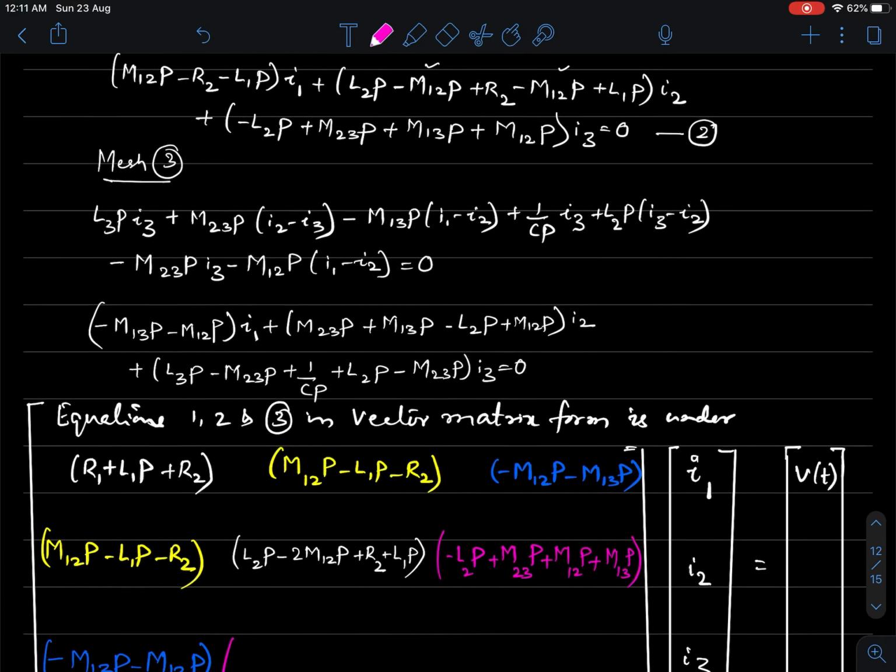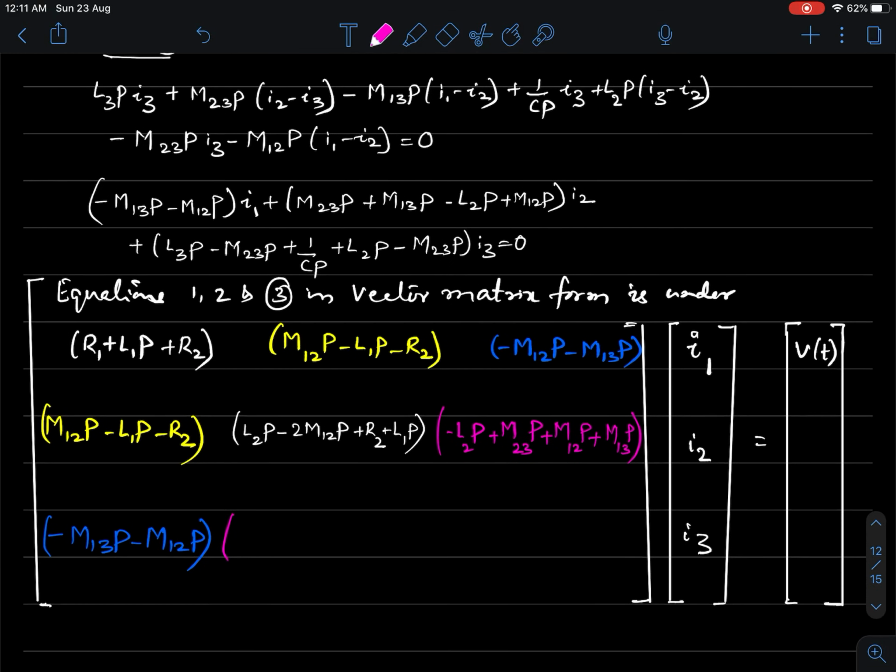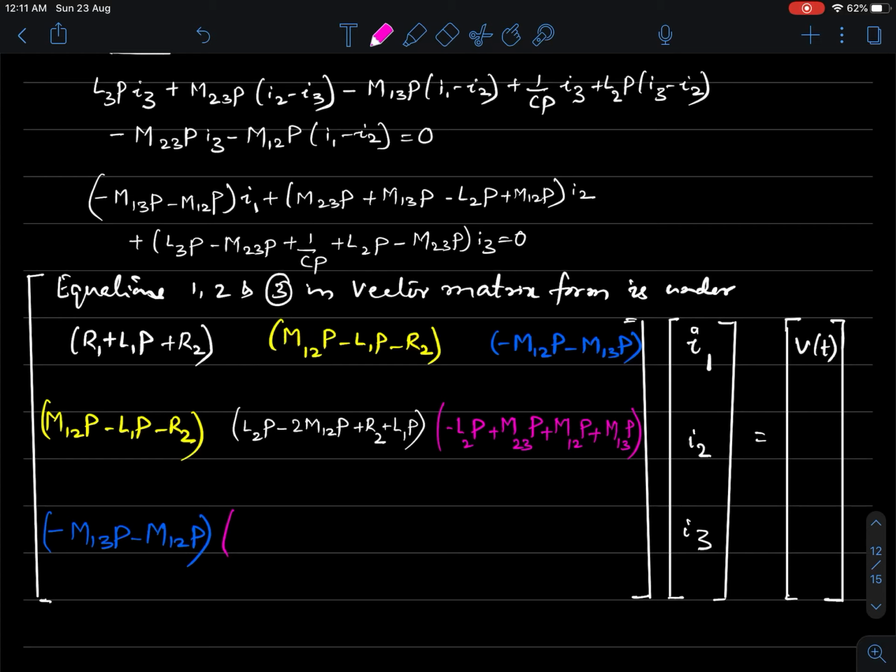I'm looking at the third equation. So this is minus M23P plus M13P minus L2P. Then what else is there? L2P then plus M12P.